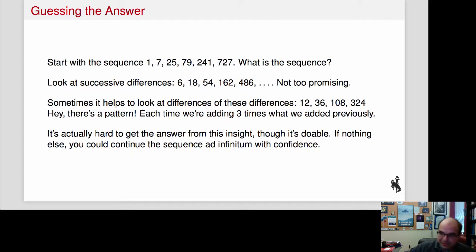I looked at differences of the differences. If you're thinking second order derivative, you're on the right track. If I look at those differences of differences, then I see a pattern. What that's telling me is that the second order derivative is going to be something like 3 times, right? That seems to be the case.